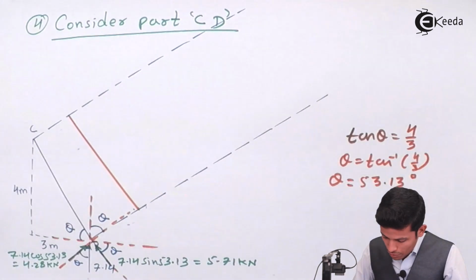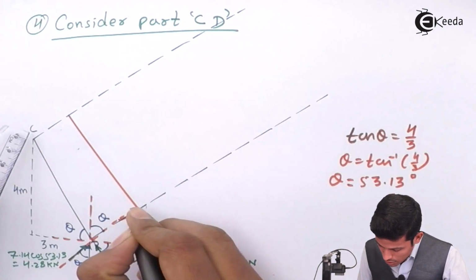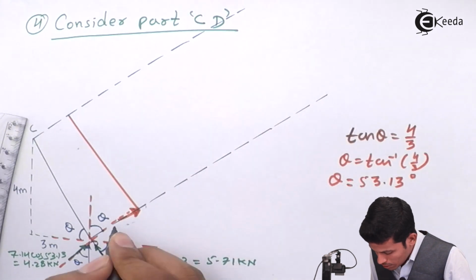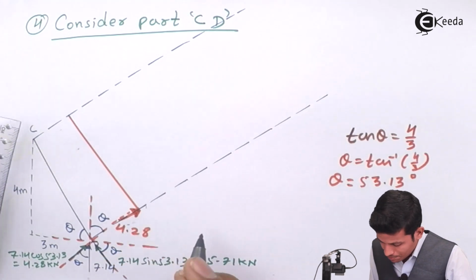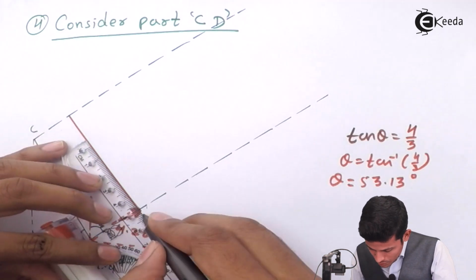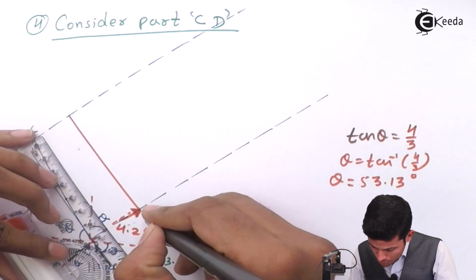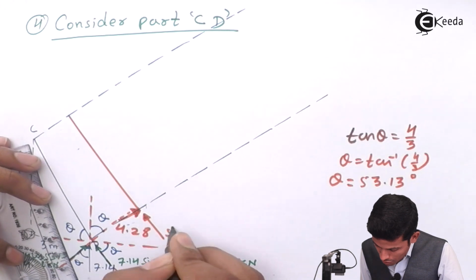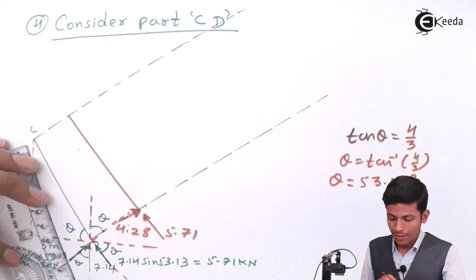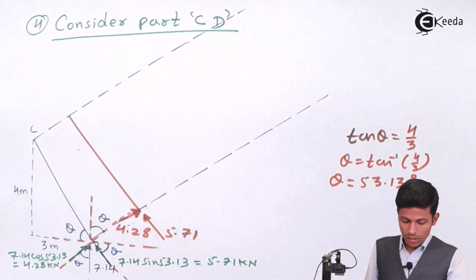Okay, now we have to know this value. This value is nothing but 4.28. We know that this value also is 5.71. Okay, now how will you resolve?